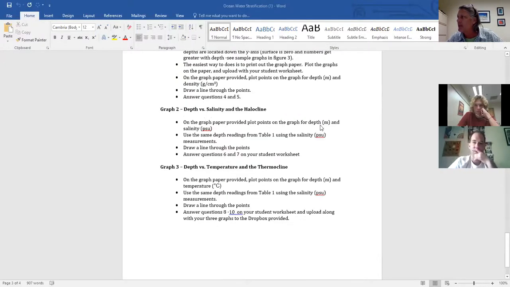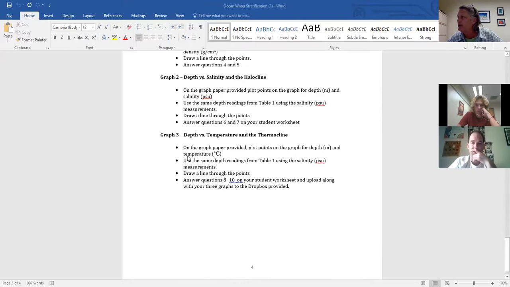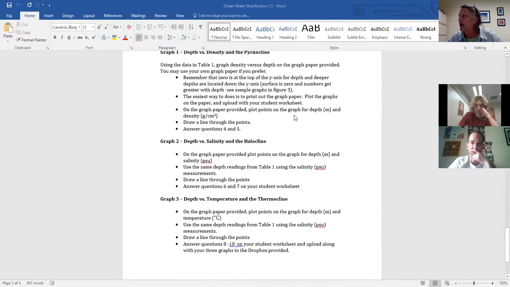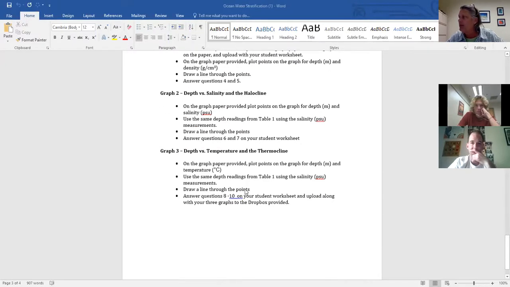They're right here: graph paper, plot the points depth and salinity, plot the points depth and temperature. The same depth readings you can use from the salinity. Draw a line through the points, and then you have your interpretive questions. The questions can be found on the 3rd page.